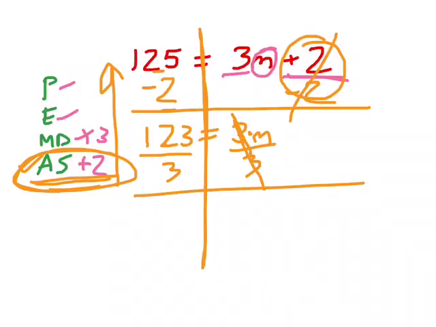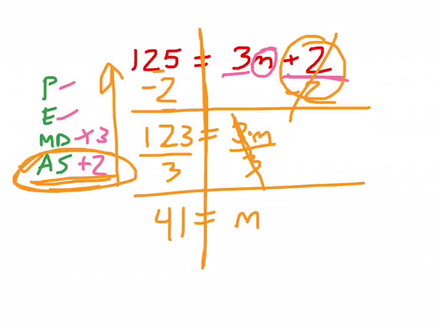That's gone. I've eliminated it, and my m is now by itself. That's the goal. Remember, we're trying to clear out everything except for the variable, just like in the game Dragon Box. And that's going to equal 123 divided by 3, which is 41. So m must have a value of 41.